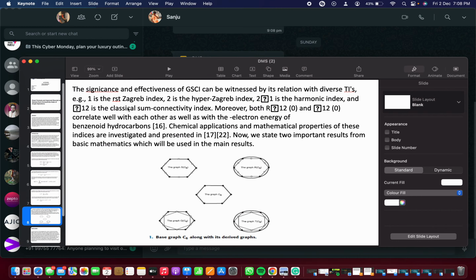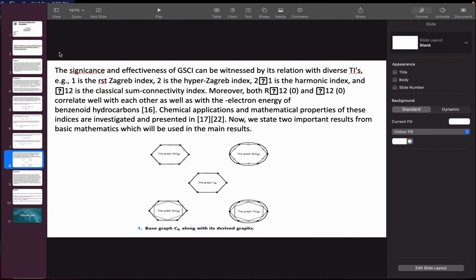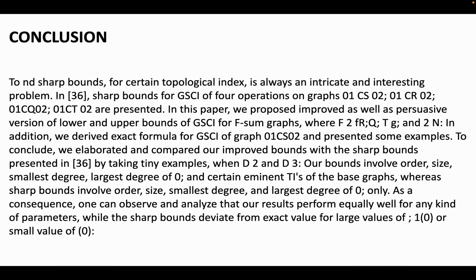Now let's jump into our conclusion. The sharp bounds for a certain topological index is always an intricate and interesting problem. Sharp bounds for GSCI of four operations on graphs were presented.